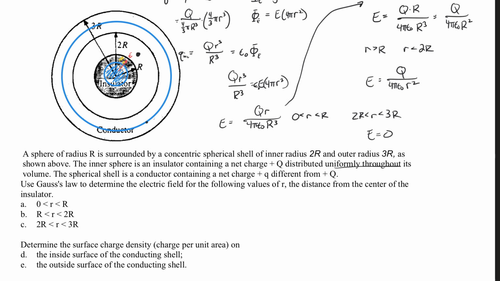I don't want there to be any ambiguity. So inside this region of space, which is the volume enclosed by that new Gaussian surface, electric field is 0, which means the charge enclosed has to be 0.